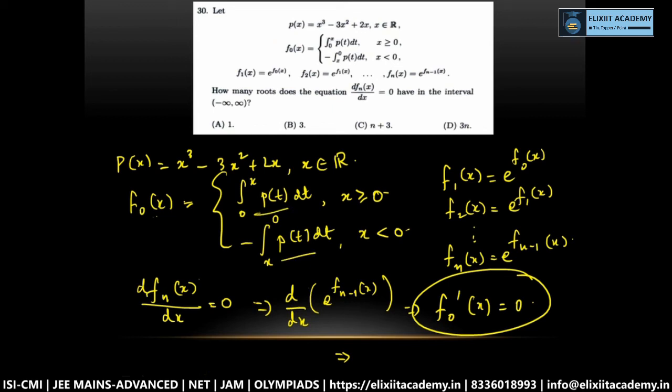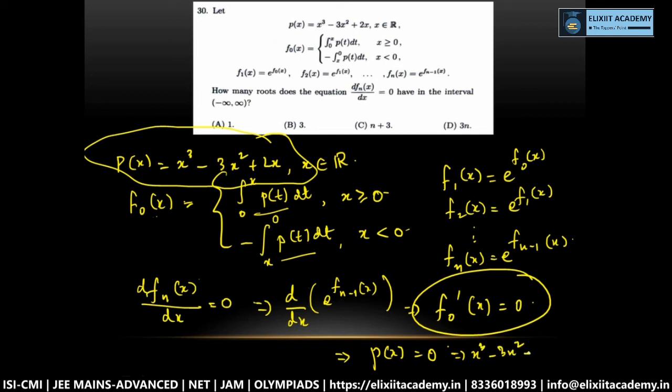So ultimately you have px equal to 0 only, which is x cube minus 3x square plus 2x equal to 0. So how many solutions will this have? Obviously, in between minus infinity and infinity, they have said. 3 solutions only, maximum. How many roots will this have? 3 roots, obviously.